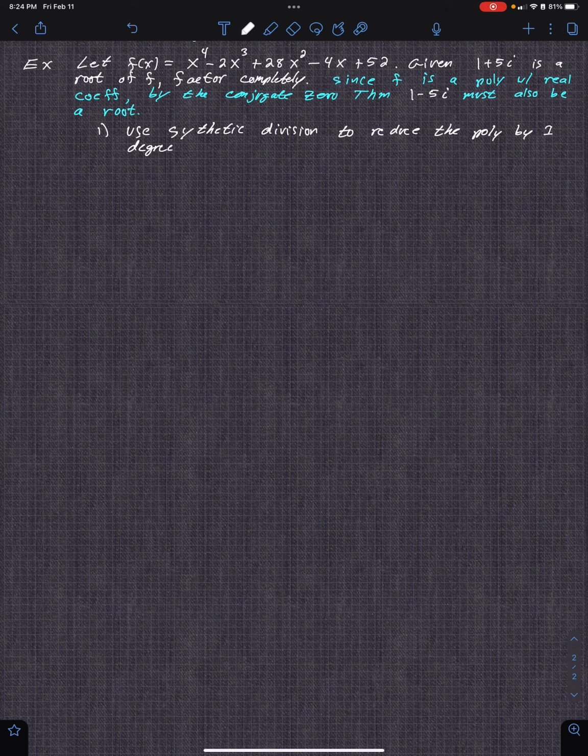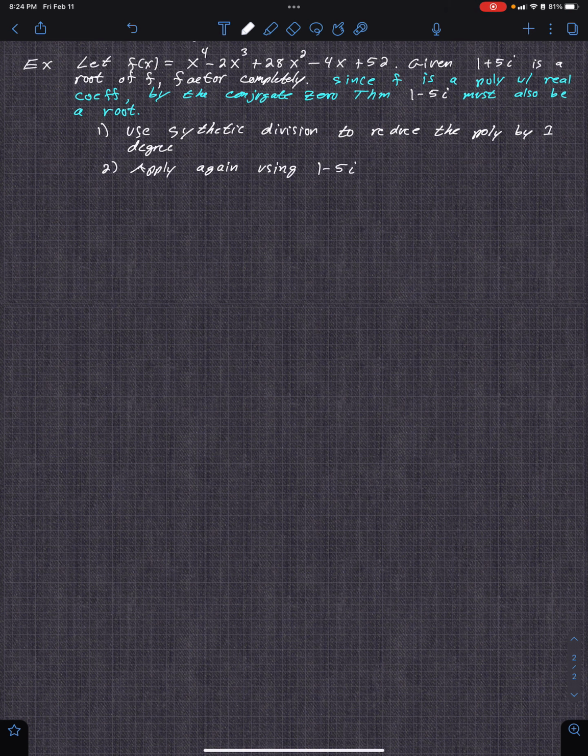And then once we've done that, we're going to apply it again using the other root we know exists, which must be 1 minus 5i.